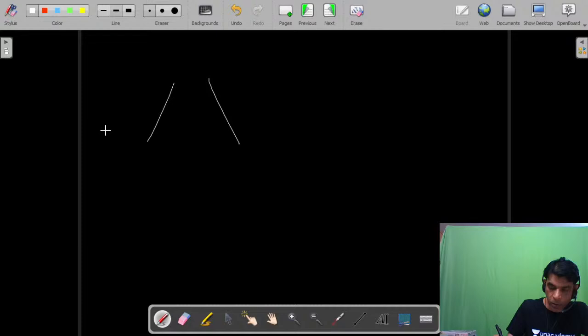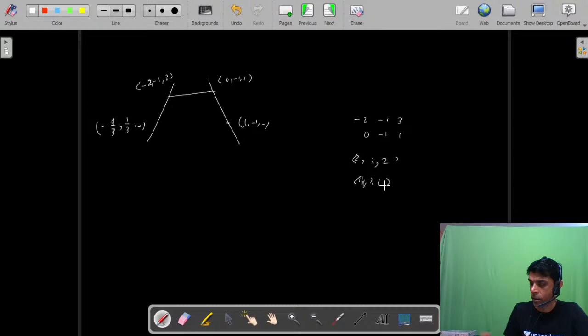Then you come from here, so this is 3 minus 2, this is 2, and again here this also is 2. So this is 2, 2, 2 direction ratios, which I can write as 1, 1, 1, right? So it means now the question becomes that these are two points.